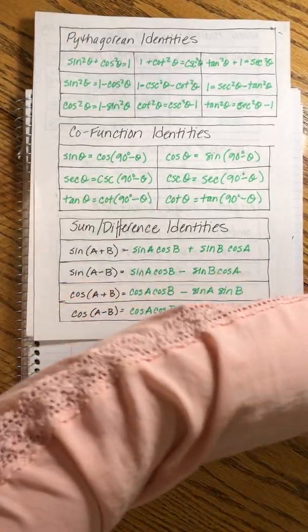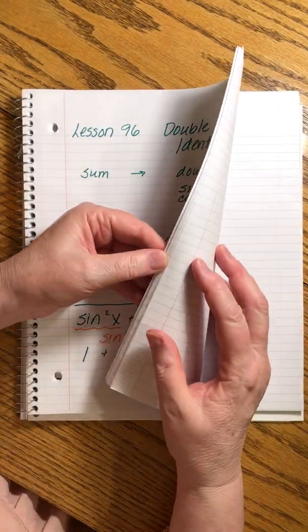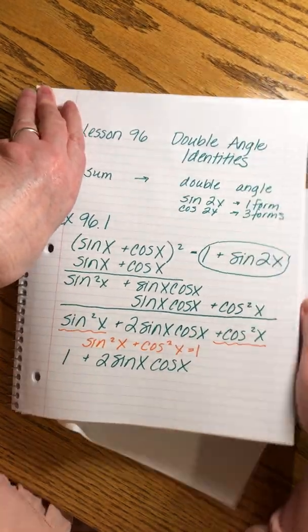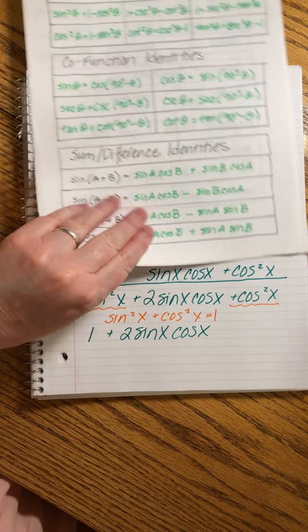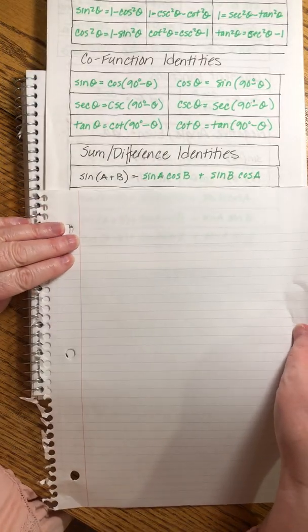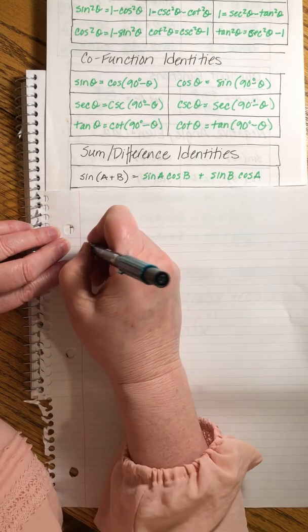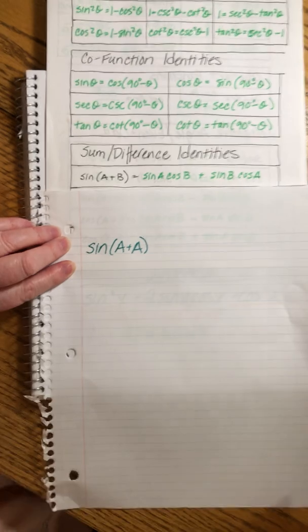Let me just grab a piece of paper so I can do it while you're looking. Okay, so there's the identity we want to use. I'm going to change it to the sine of A plus A, right? That's our little trick.